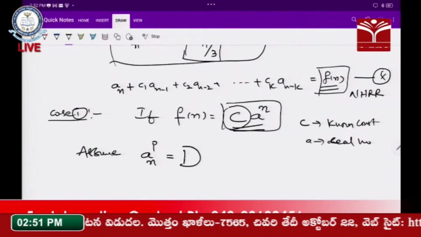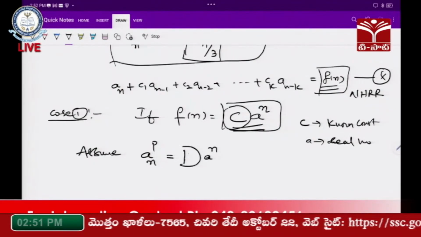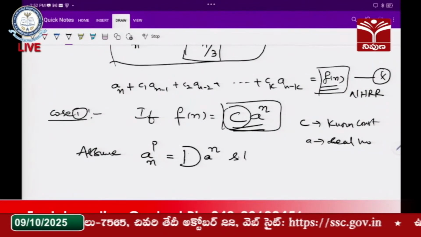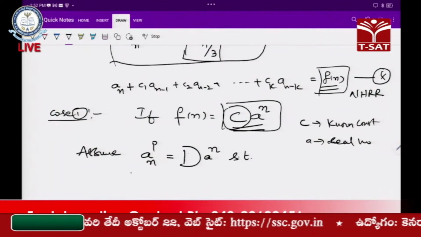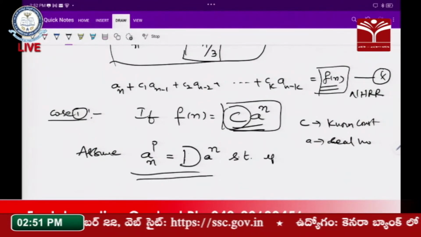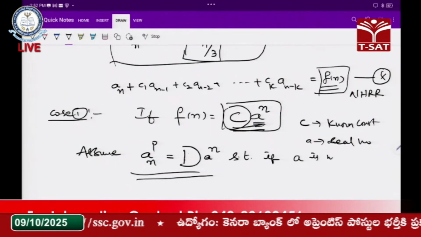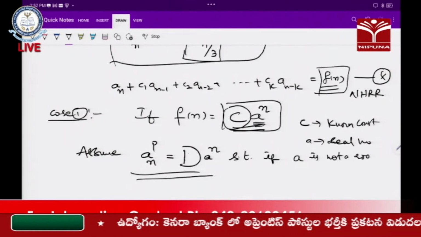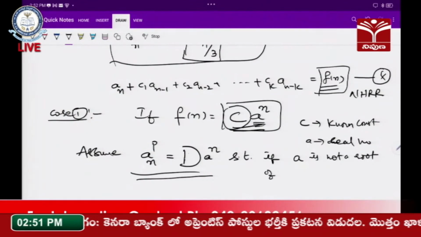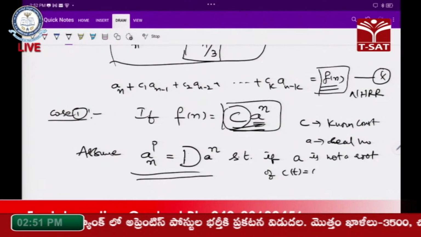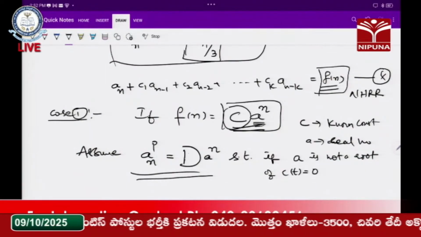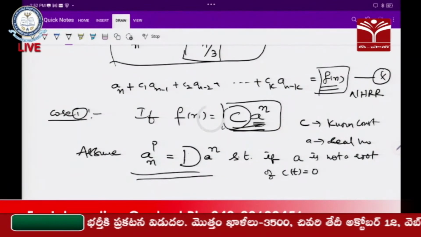D is not known for me now. D into a power n, such that, what is the condition here? The assumption is this one. If this a value is there, a is not a root of the characteristic equation, C of t equal to 0.